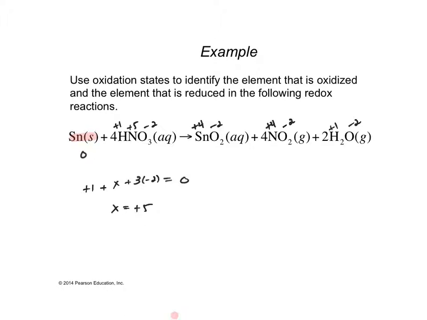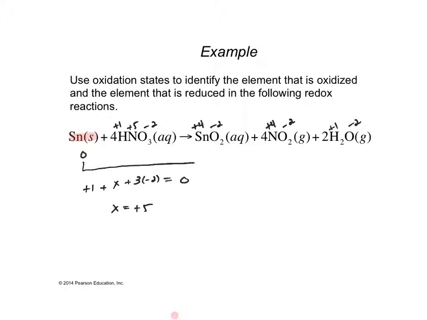So now, in looking at all of these oxidation states, who has been oxidized? Who has gone from a reactant and lost electrons, and you would note that by the oxidation state of its product. Oxidized is loss of electrons. That usually is indicated by an increase in oxidation state.